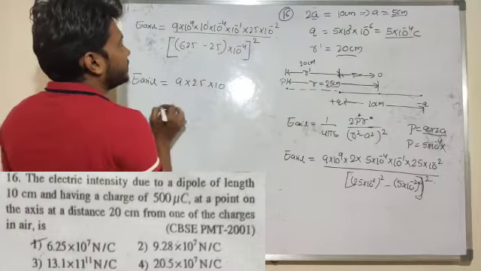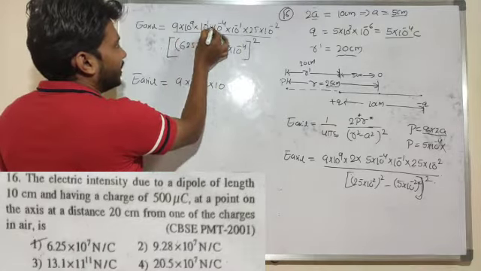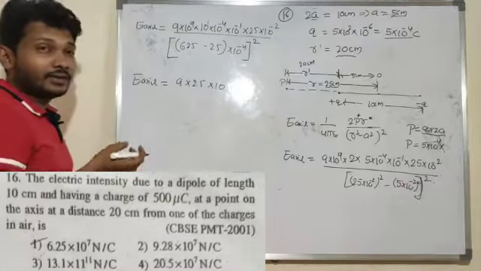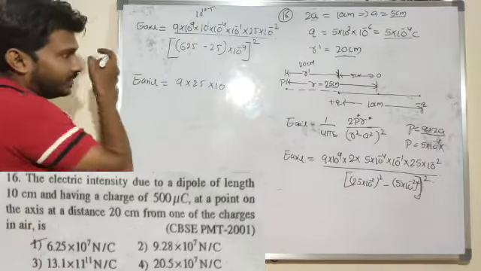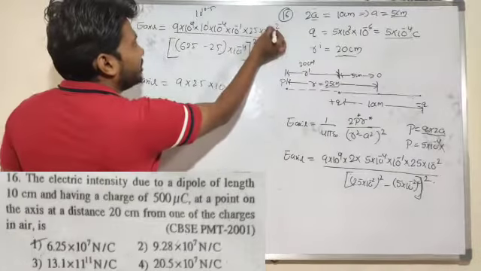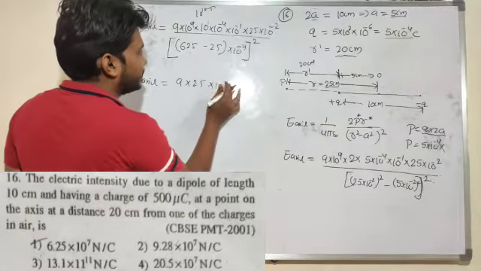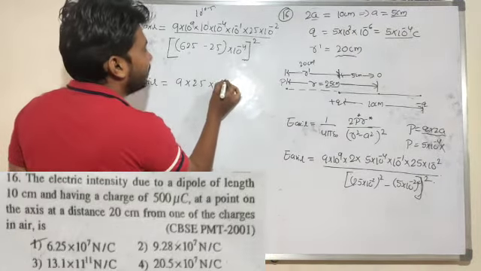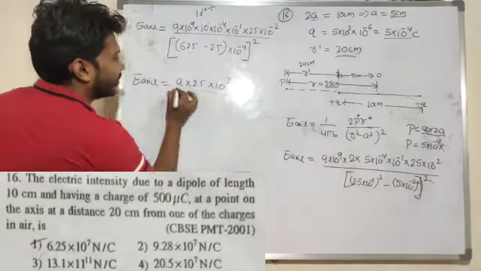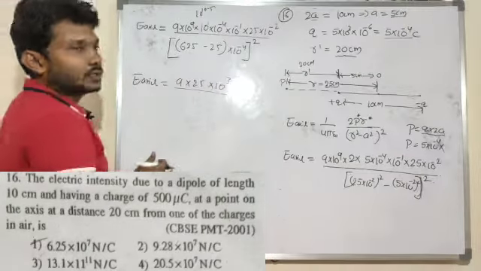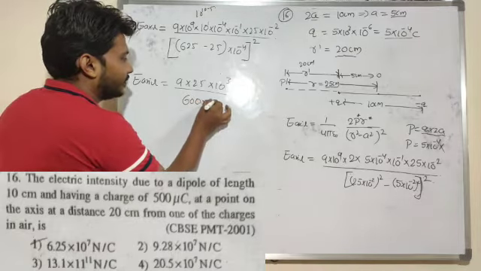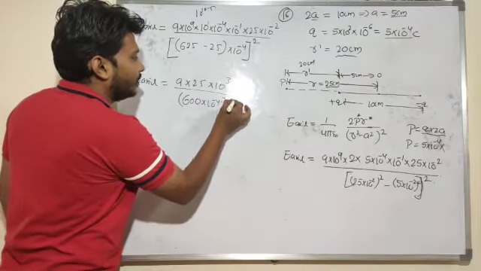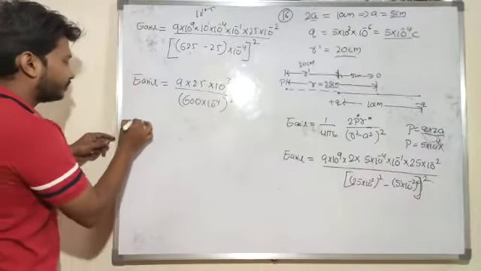This is 10 to the power of 1, so 10 to the power of 10 minus 5, so 10 to the power of 5 here, minus 2, so that is 10 to the power of 3, divided by 625 minus 25, so that is 600 into 10 to the power of minus 4 whole square here.